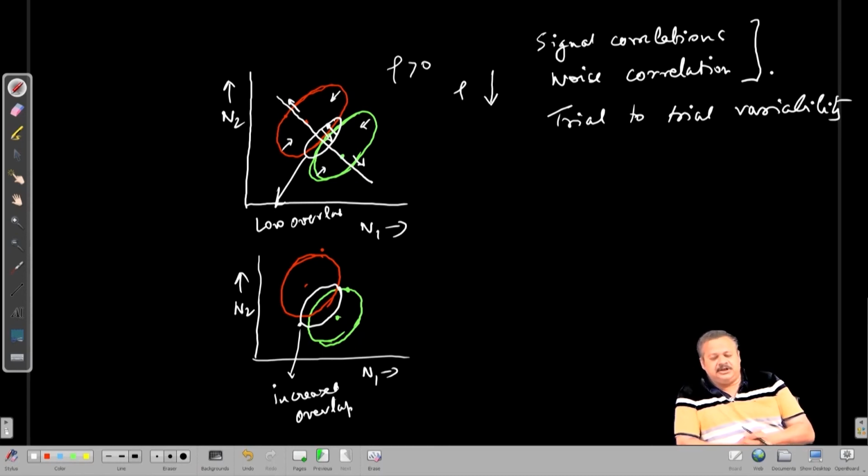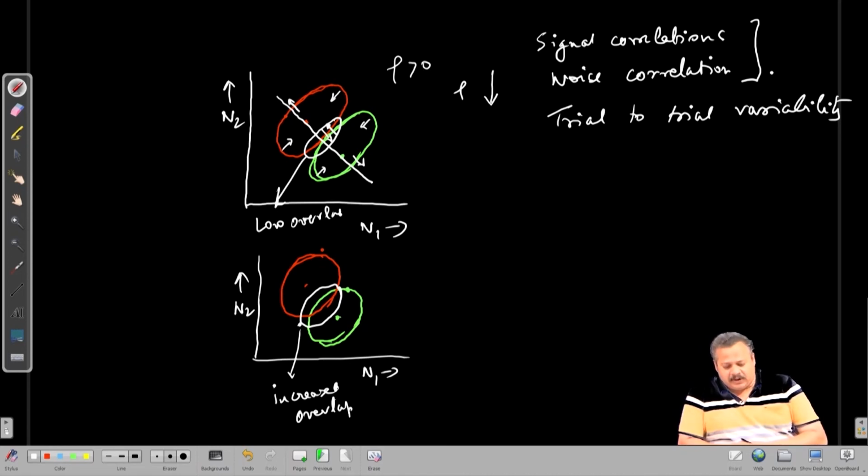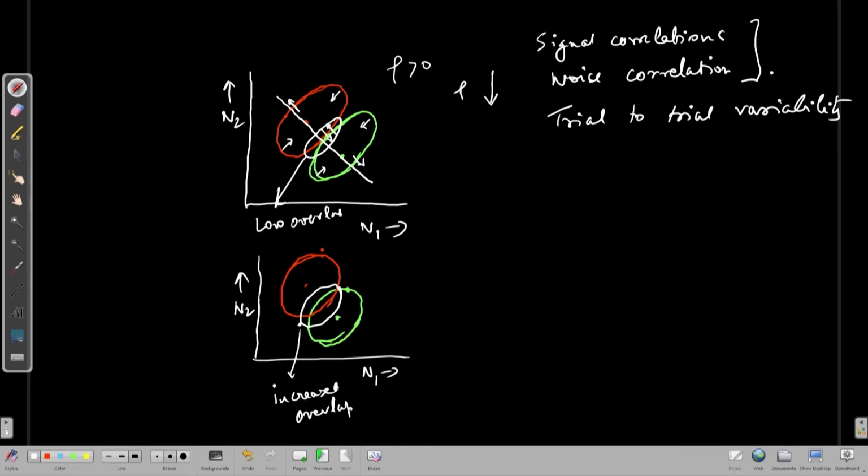That is, the relationship of this variation is extremely important. We will be revisiting this in an example later on, and in the next lecture from the next module, we will be starting with the statistical approaches in decoding based on responses, and we will be taking up examples from there on. Thank you.